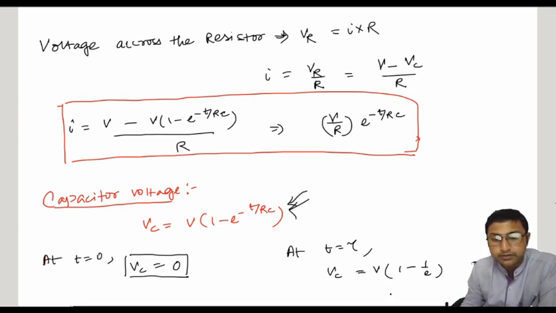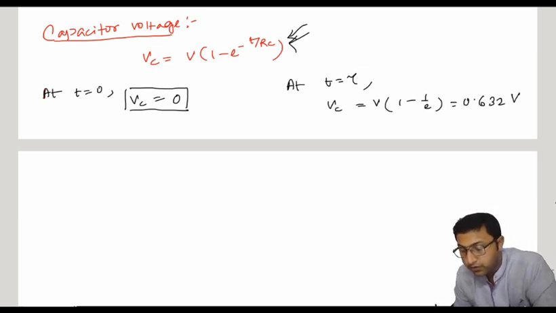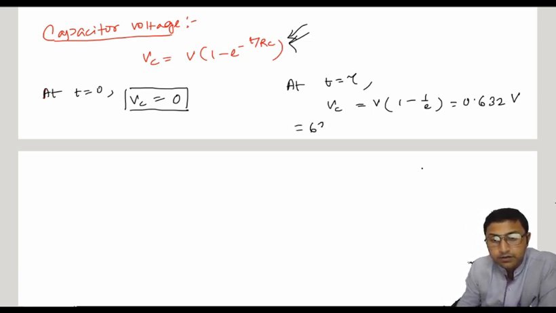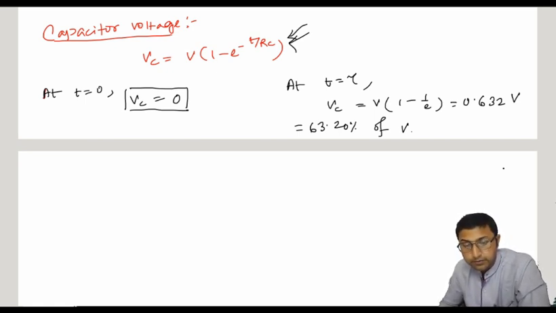So that means it is near about 0.632 of V, that means 63.2% of supply voltage. That means the time taken to reach 63.2% of the final voltage of the capacitor at steady state is known as time constant.